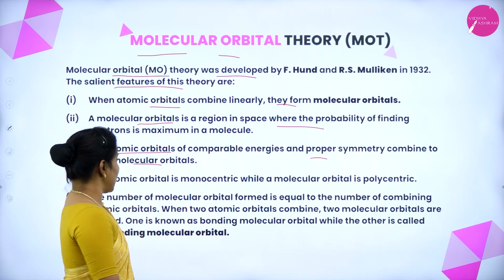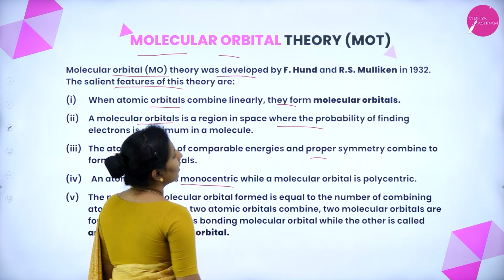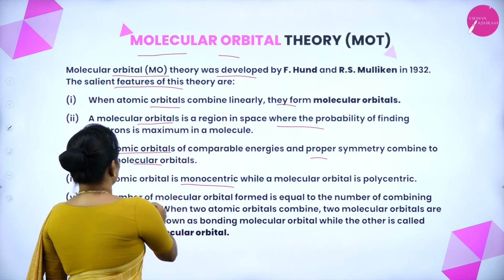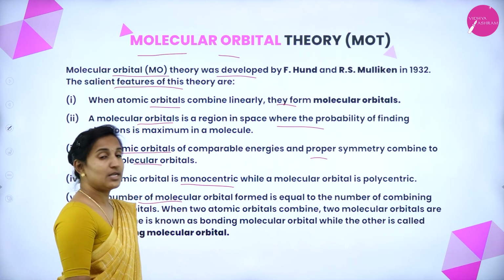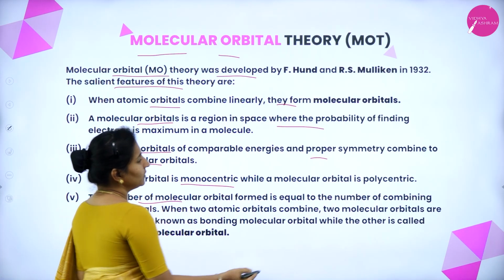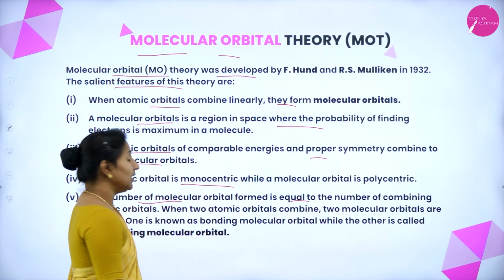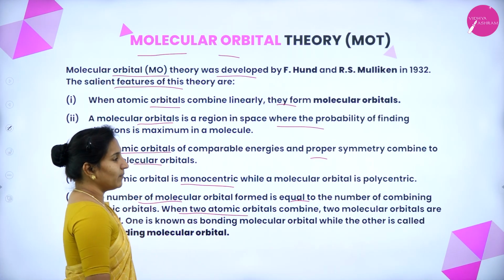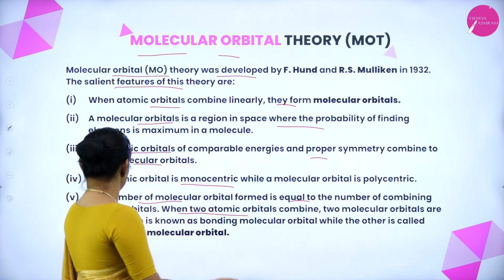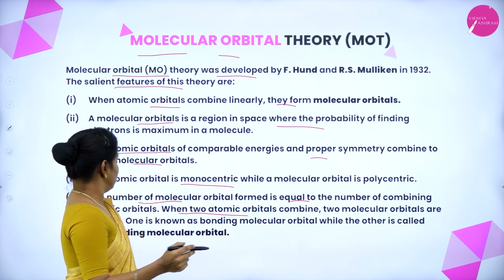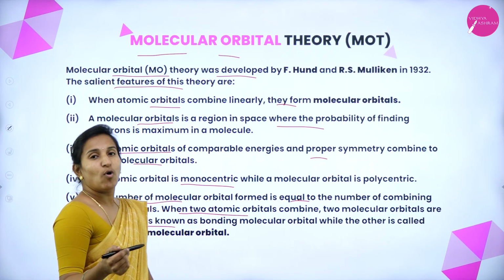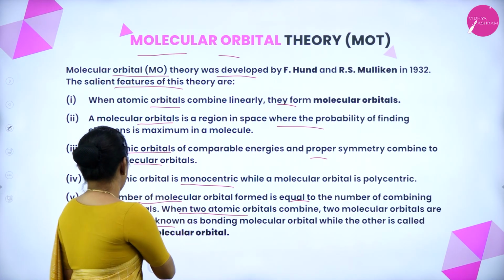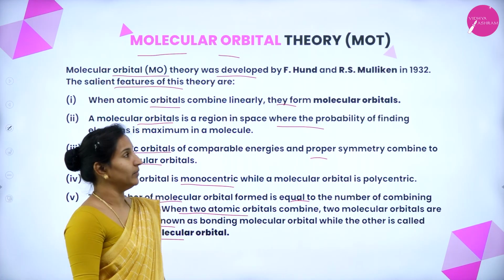An atomic orbital is monocentric while a molecular orbital is polycentric. The number of molecular orbitals formed is equal to the number of combining atomic orbitals. When 2 atomic orbitals combine, 2 molecular orbitals are formed: one is known as the bonding molecular orbital and the other as the anti-bonding molecular orbital.